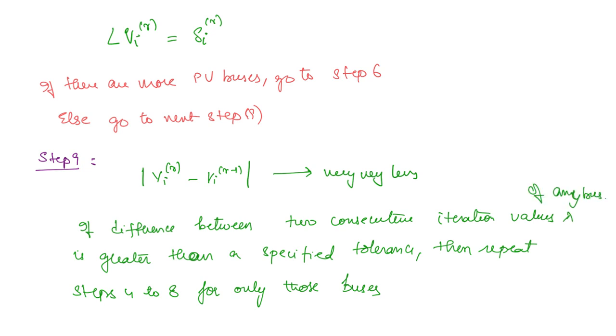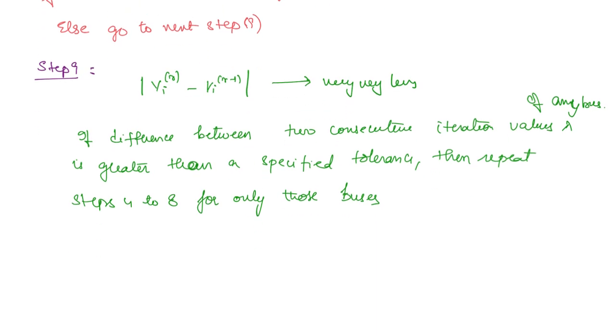So that means when you are checking the difference, for some buses the tolerance may be exceeded, for some it may not be exceeded. Wherever the difference between consecutive values is much larger than the specified value, you have to repeat the iterations. After enough iterations, there will come a point where the difference between the two consecutive values will be less than the tolerance value for all the buses.